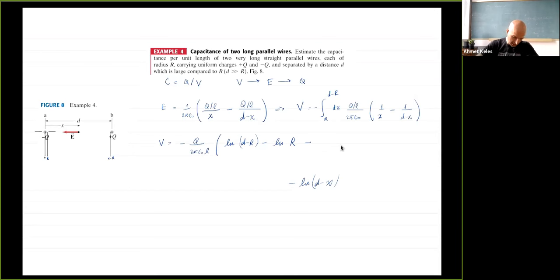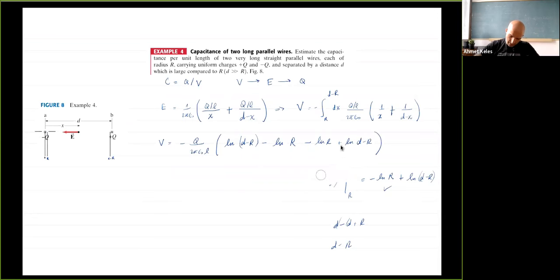They add up, so this one is plus, this one is plus. The minus actually comes from the integral. And if I put in the limits, R to D minus R, this should be equal to minus ln R plus ln D minus R, and similarly for the second term, D minus R is D minus R.